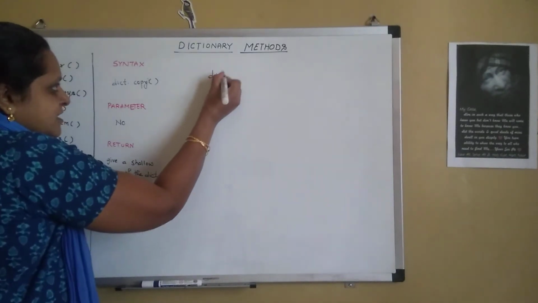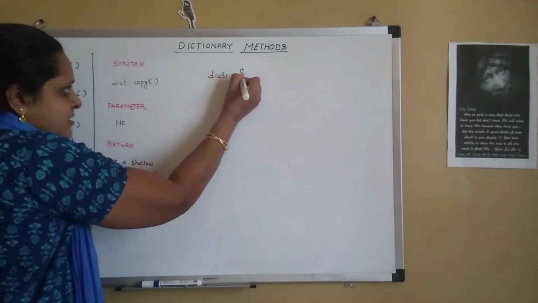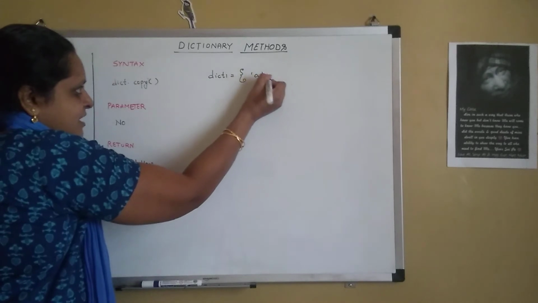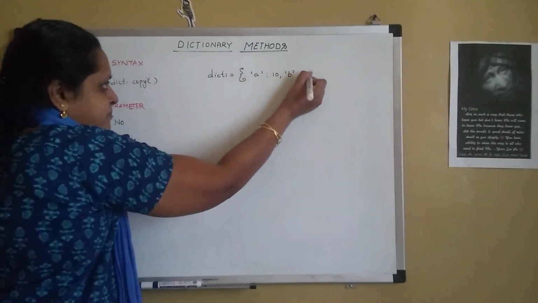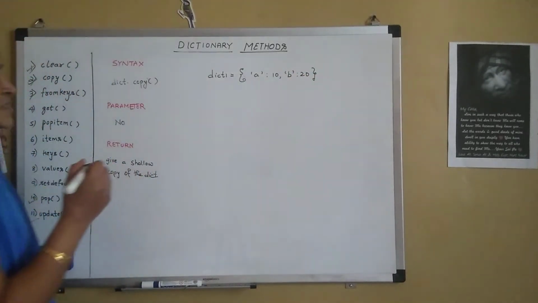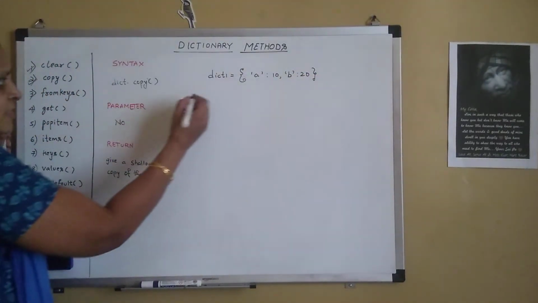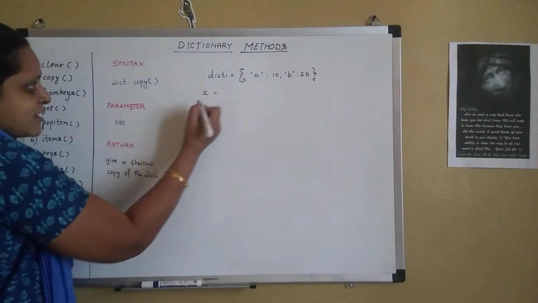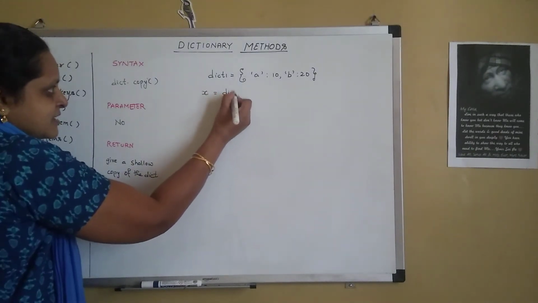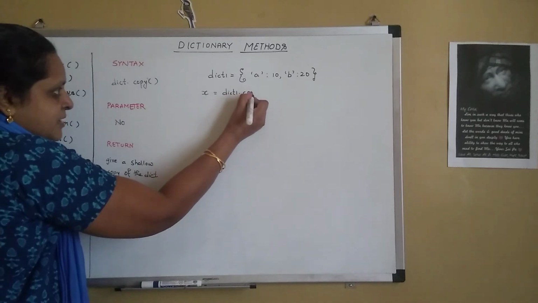Suppose my original dictionary is dict1, which is having A as 10 and B as 20. So this is my original dictionary. Now let me say x, which is a variable identifier, equals dict1.copy().